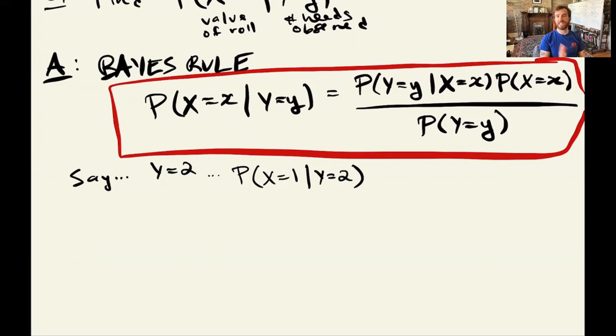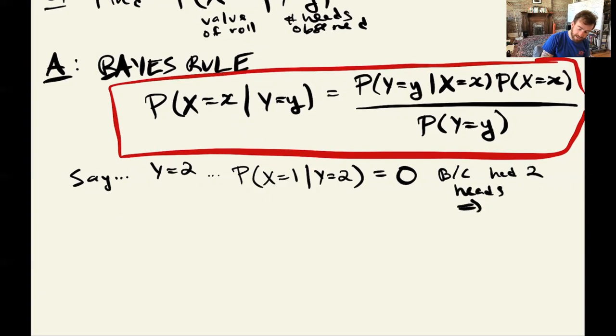So that means we had to at least flip this coin twice, which actually says that this is impossible. So the probability of this is 0. It's the same thing as saying impossible. It's just probability 0. Because we had 2 heads, that automatically implies that x has to be greater than or equal to 2. In particular, the probability that x equals 1 is 0.